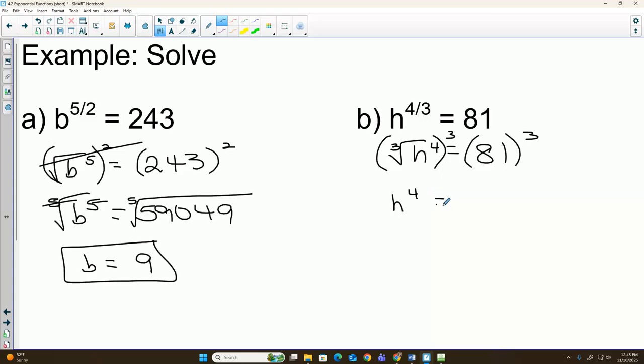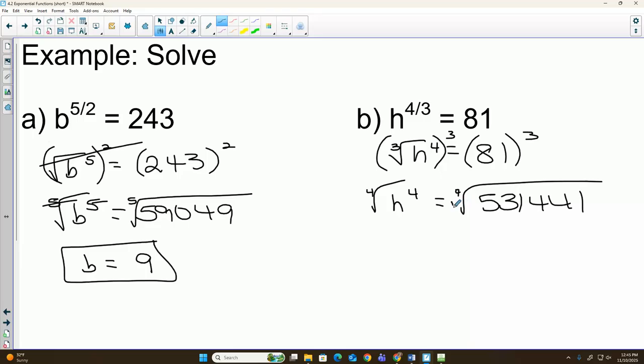h to the 4th equals, okay, how do you get rid of a 4th power? Do I need plus or minus on that one?